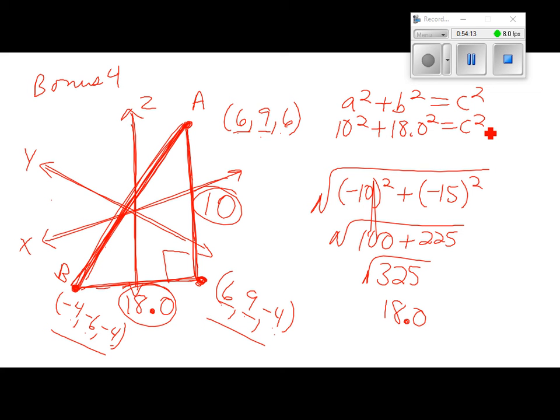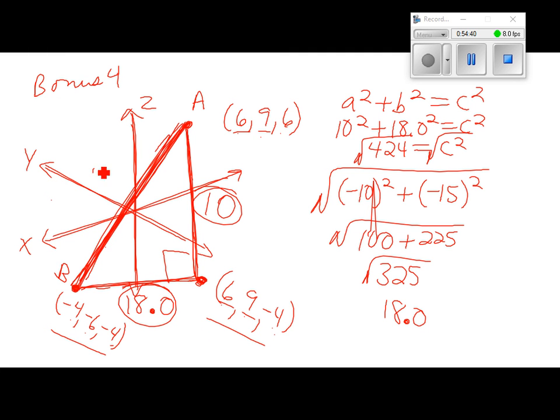Grab your calculator. 10 squared is 100 plus 18.0 squared, and you get 424 equals c squared. We just want to take the square root of that. The square root of 424, again, grab your calculator, is about 20.6.